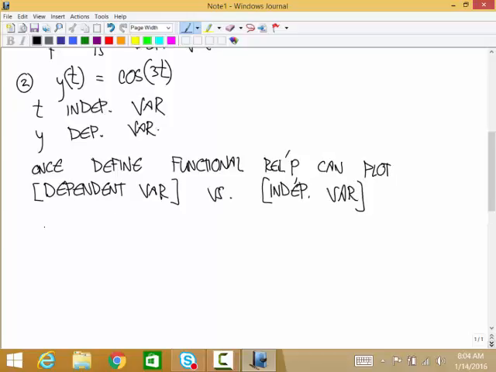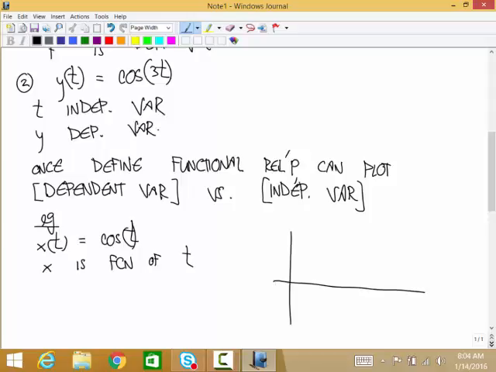So, for example, if you have x of t is equal to cosine of t, then you say x is a function of t, and when you plot it, you put x on the vertical axis, t on the horizontal axis, and you'd have something like that.